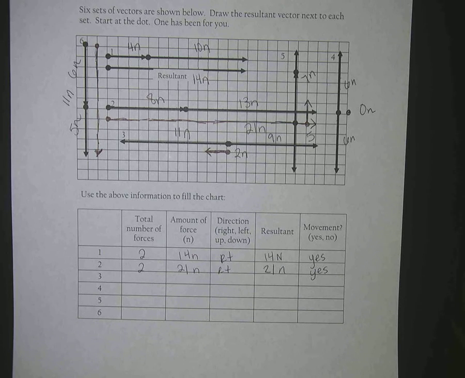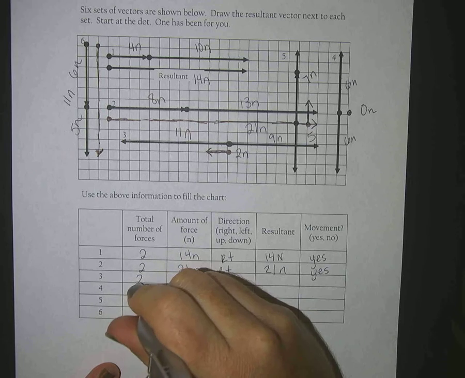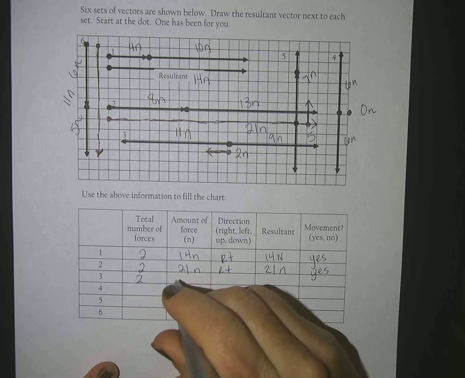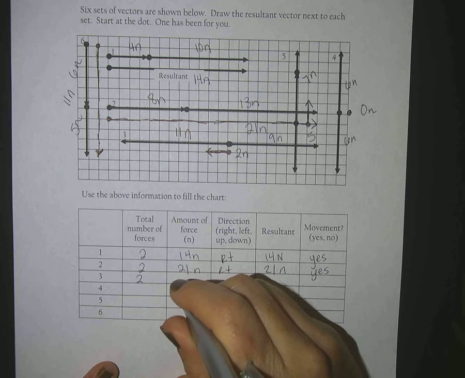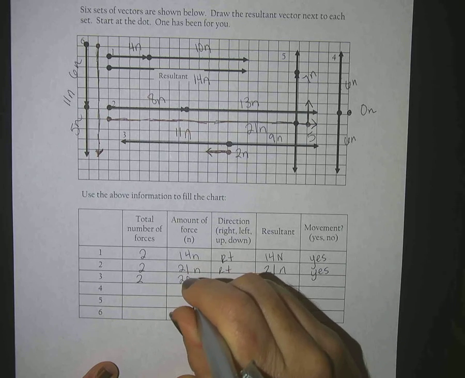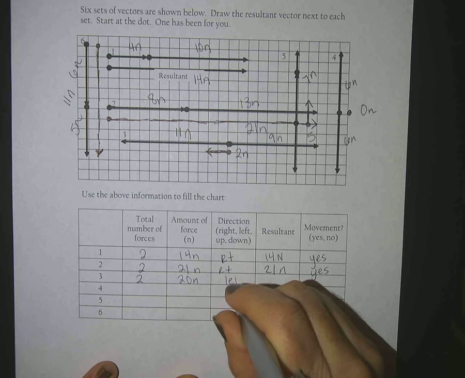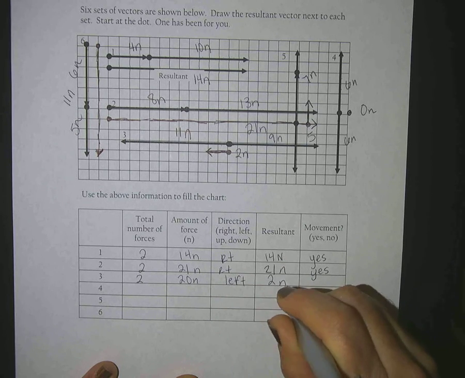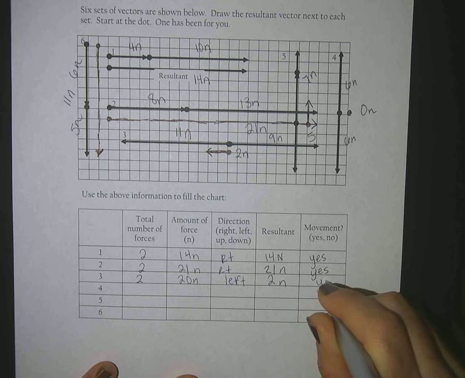When is there going to be no movement? 0 newtons, number 4. Okay, so number 3. How many forces? 2. What's the total amount of force? No, 11 plus 9. 20 newtons. Direction? Left. By how much? 2 newtons. Movement? Yes.